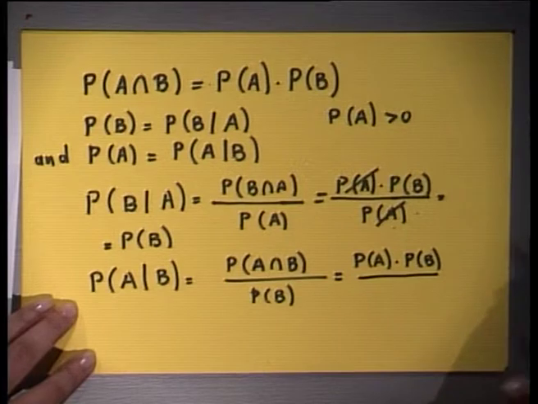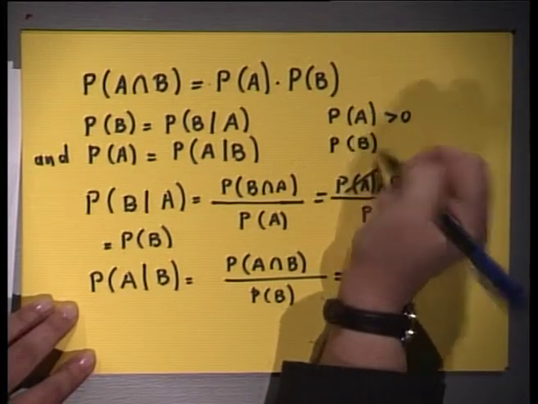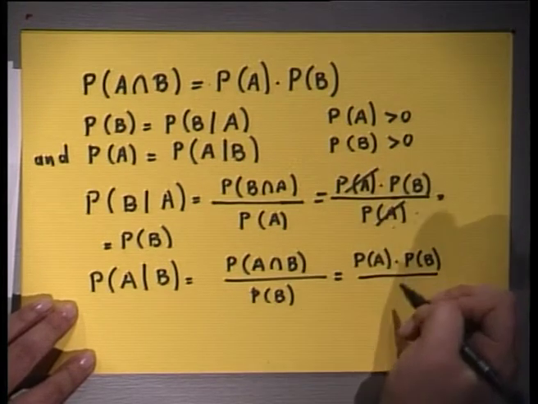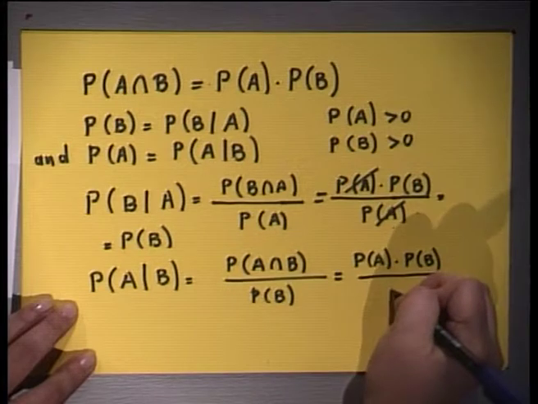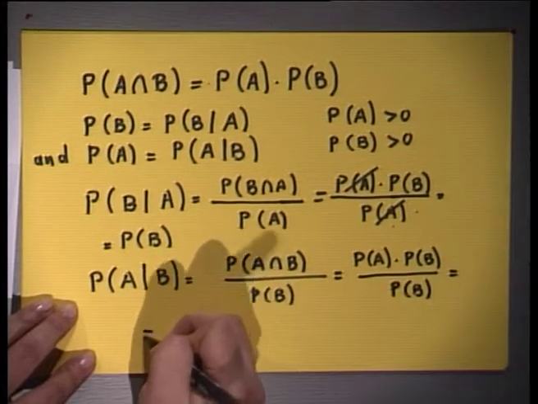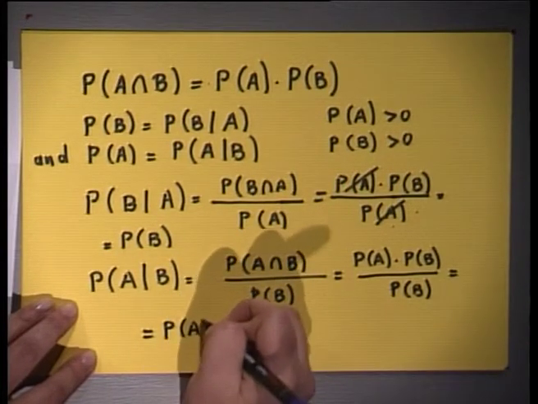In this case as well, we have to have that the probability of B is greater than 0, is not 0. And so we have that this is equal to the probability of A.